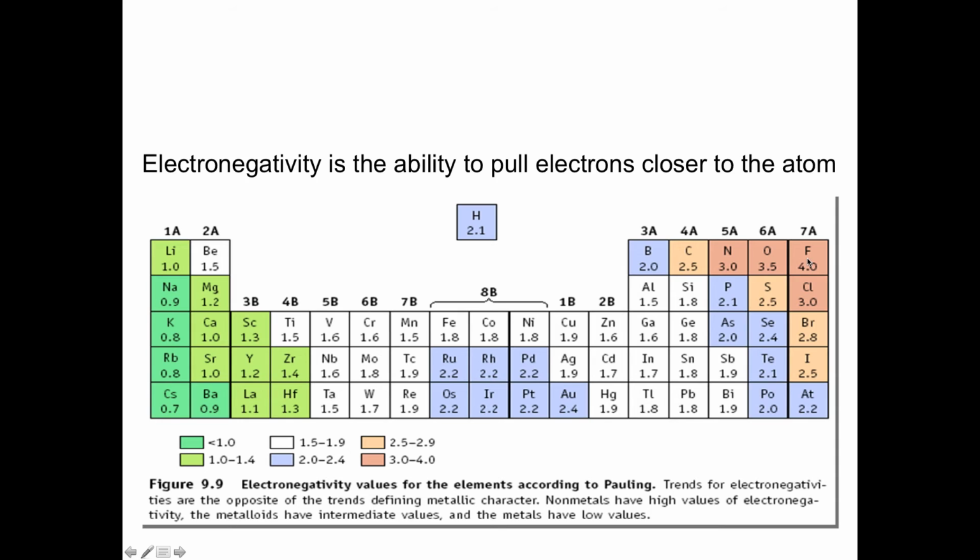Fluorine is like that jock who's on roids and has muscles on top of muscles, on top of muscles. He could just pull you across the room without even trying. So fluorine can pull an electron way closer to itself than any other element can.